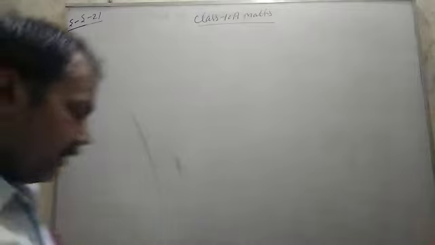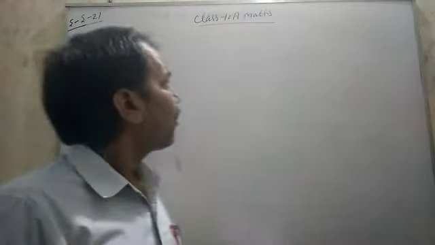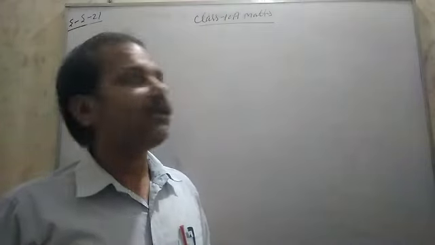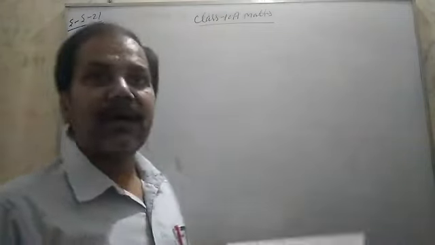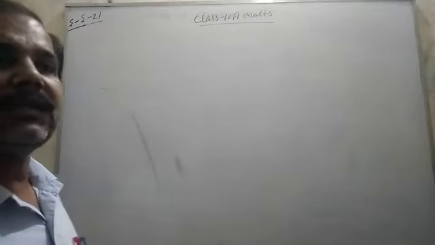Okay, in previous exercises we have studied zeros for quadratic polynomial. So now today we will study zeros for cubic polynomial. So cubic polynomial, you know, a polynomial whose degree is 3 is called a cubic polynomial.